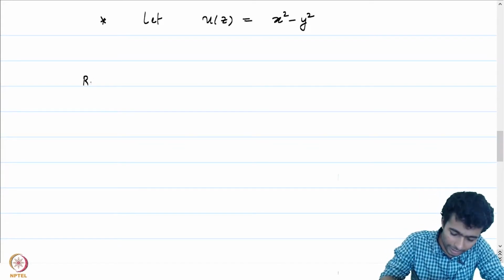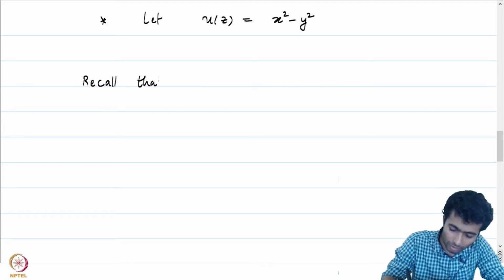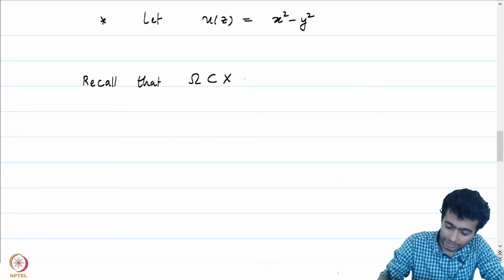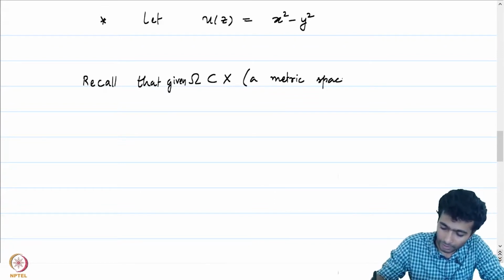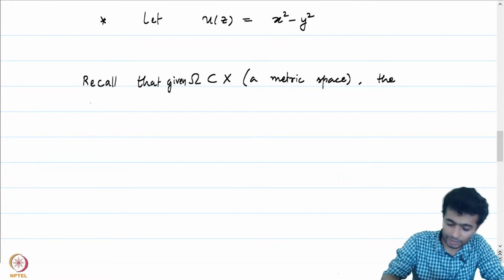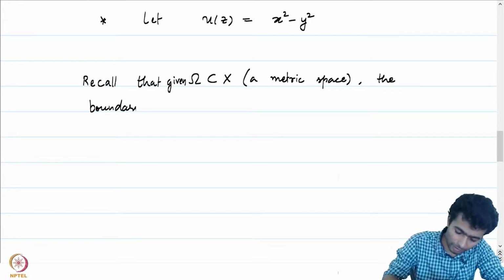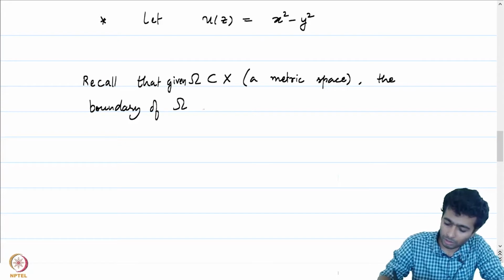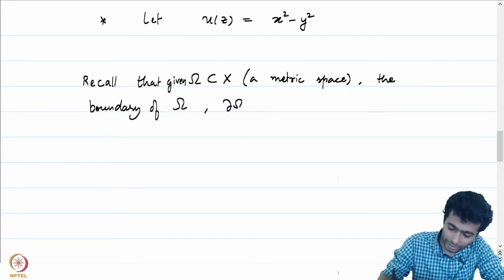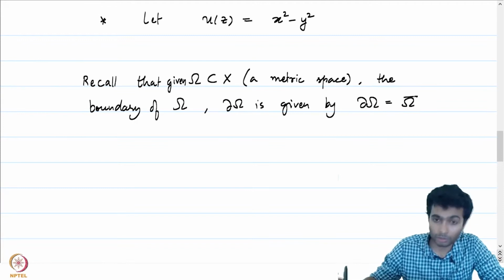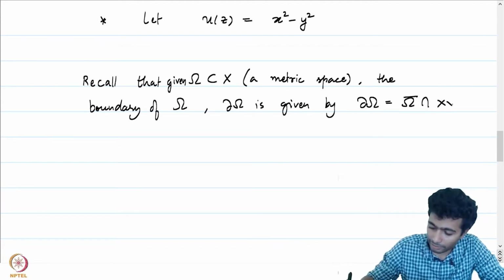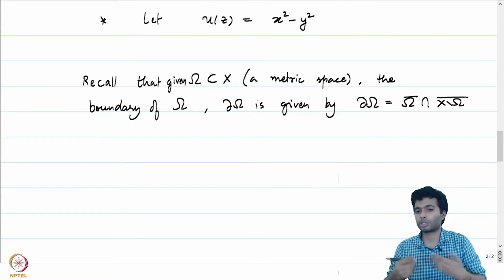So recall that given omega contained in X, a metric space, the boundary of omega, del omega, is equal to omega bar, the closure of omega, intersected with the closure of the complement, X minus omega.